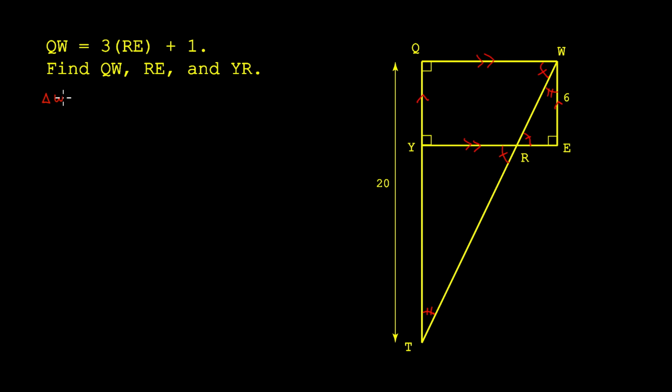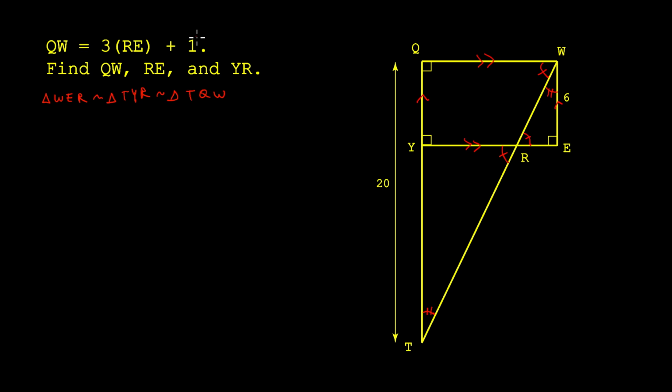Therefore, triangle WER is similar to triangle TYR, which is also similar to triangle TQW. So again, to make it visual, triangle WER is similar to triangle TYR here, which is also similar to triangle TQW there.